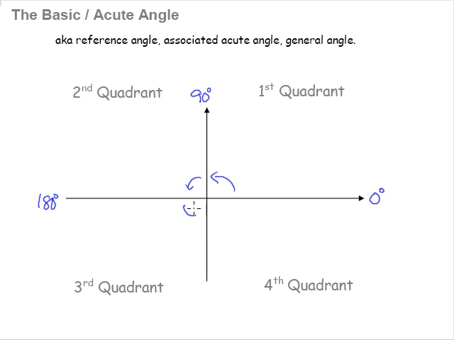We go on further into 270 degrees, and then move back to 360 degrees. Now you start to realize that 360 degrees is the same as 0 degrees, because they are both represented by the positive x-axis.